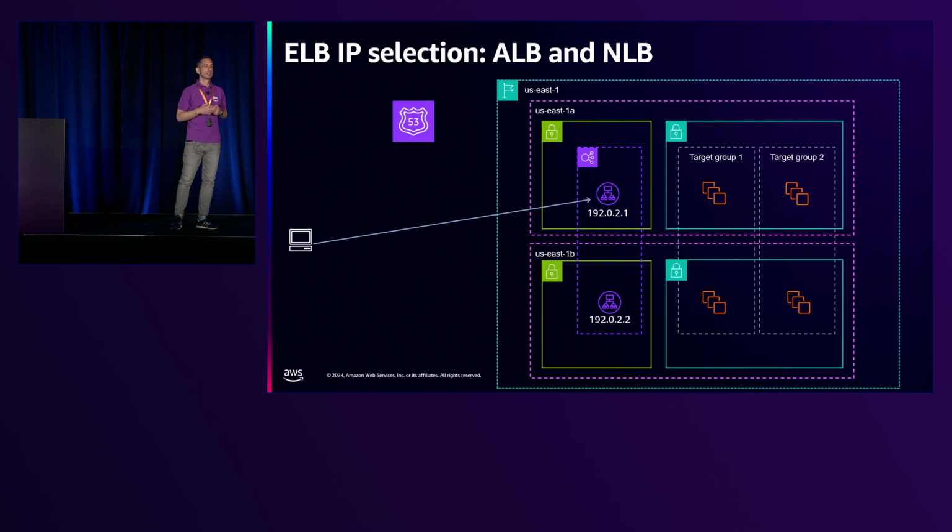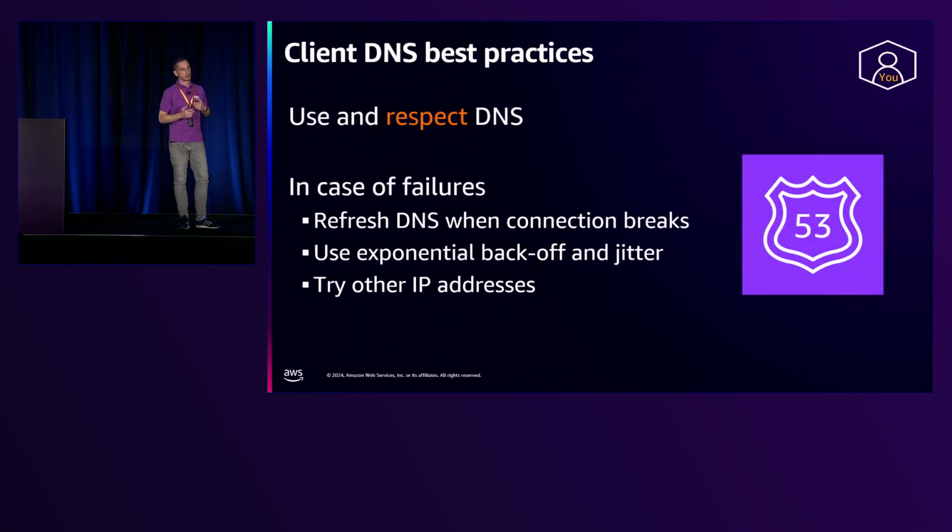So for this reason, it is extremely important that customers configure their clients to resolve the DNS when they want to send traffic to an ELB, and also to respect the time to live associated with the DNS entry. This is important with Application Load Balancer because we know that IPs are dynamically changing over time, but it's important also with Network Load Balancer because, as John shared before, there are events in which the NLB control plane can remove an IP from the DNS name.